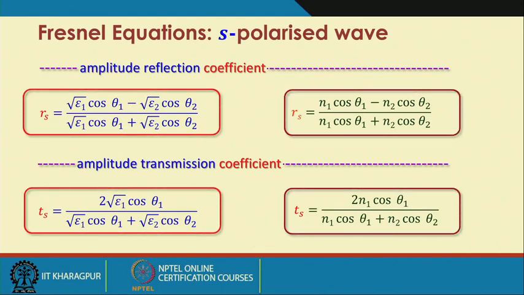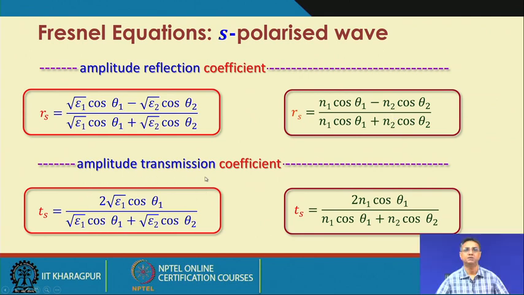Therefore, to summarize this, we have been able to estimate the reflection amplitude for the s-polarized wave as this, or it may be expressed in this way when we mention the permittivity, but if we express it in terms of the refractive indices, then we can write this equation.